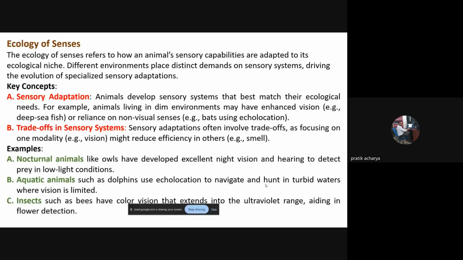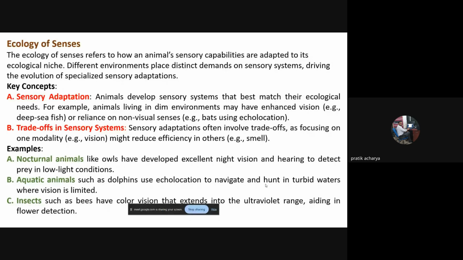For example, we can take the example of deep sea fishes. Deep sea fishes have enhanced vision because in deep sea condition there is no light. Light penetration is up to a certain depth in the oceanic environment, but not to the deep sea region.